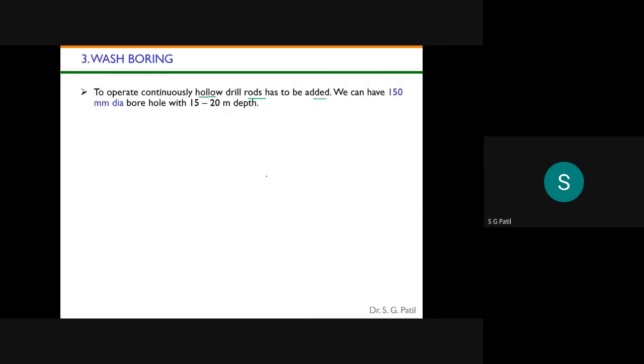then again push inside the ground. Okay. So with the help of this wash boring, we will get a borehole of 150 mm diameter and a depth of 15 to 20 meters. Then we can conduct in situ tests inside the hole.